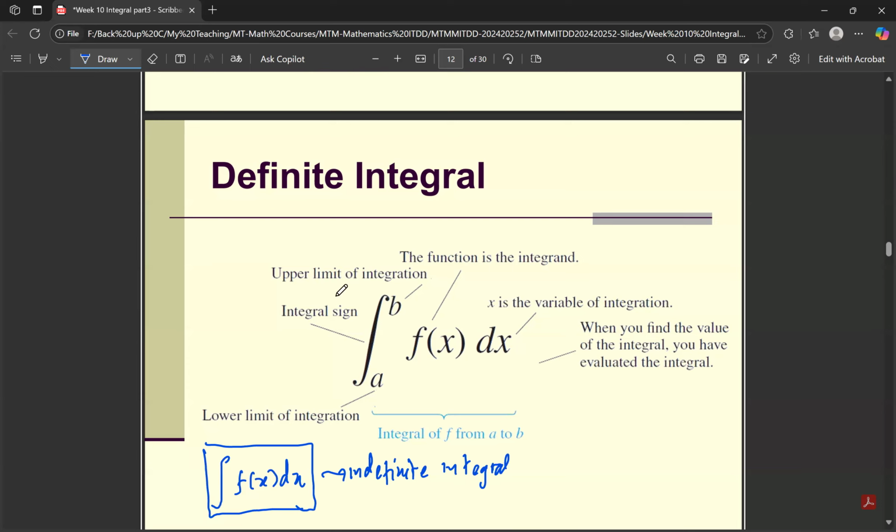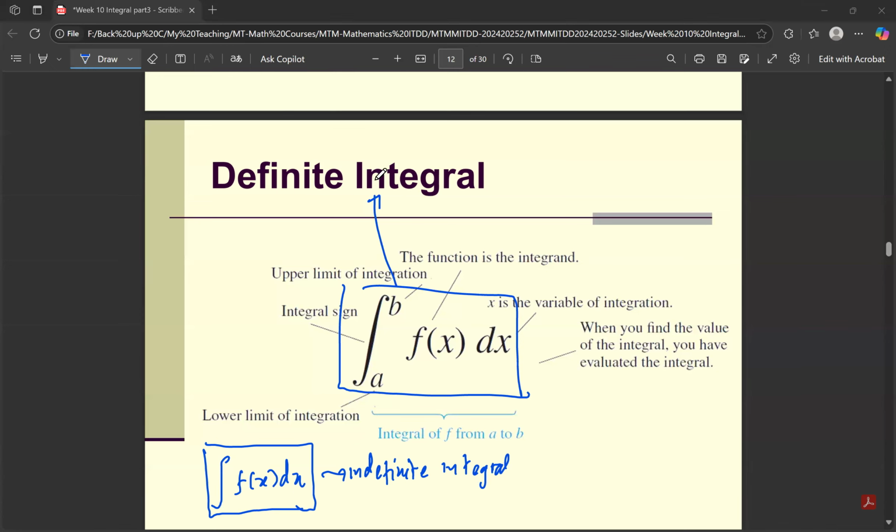Without the upper and lower limits, we call it an indefinite integral, and with the lower and upper limits, we say it is a definite integral.